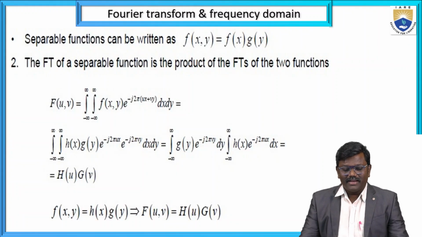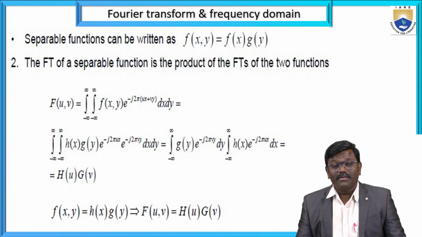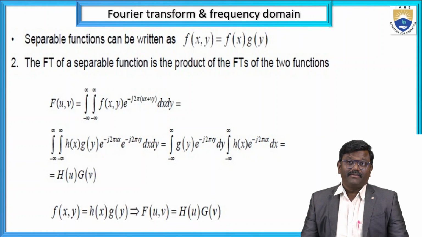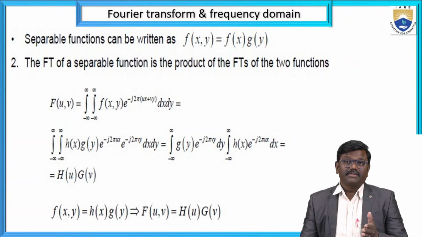Later we can take one example from the mathematical domain of the Fourier transform. Let us say, for example, separable functions can be written as f of x comma y separated into f of x into g of y.